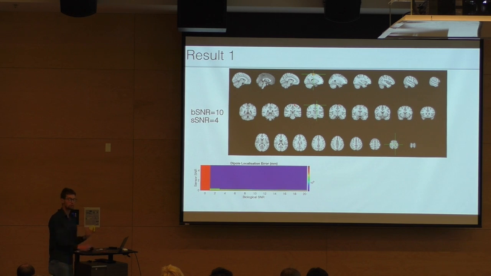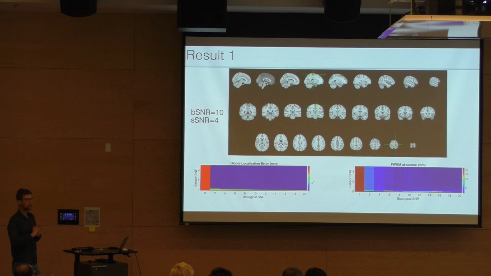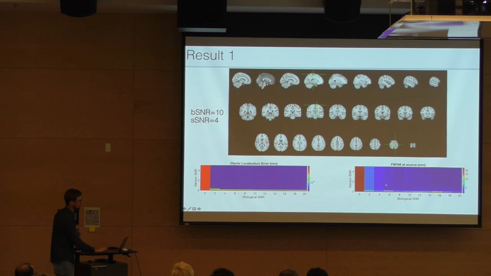That's just one metric, and just saying we found the maximum isn't perhaps the most holistic way of saying my algorithm worked. So we also looked at the full width half maximum of the profile in the source space. Interestingly, the opposite is true: the gradient is stronger this way, which means the spread of your reconstruction is more sensitive to your sensor level noise. You have to take both things into account.